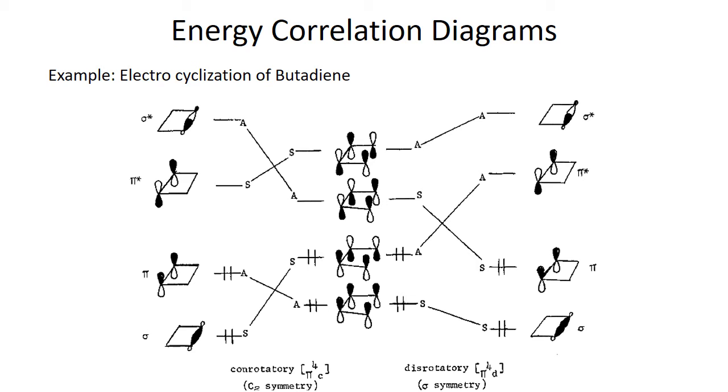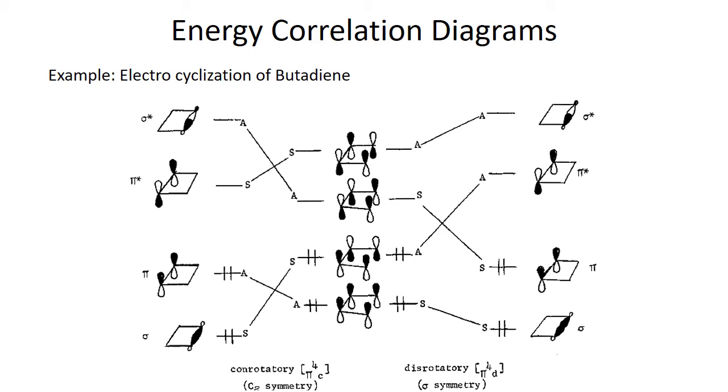But in case of pi 2, electrons cannot transfer to the pi molecular orbital of cyclobutene, because in case of disrotation, for the symmetry operation, if their symmetries don't match, then the electron can't transfer from pi 2 of butadiene to pi of cyclobutene.